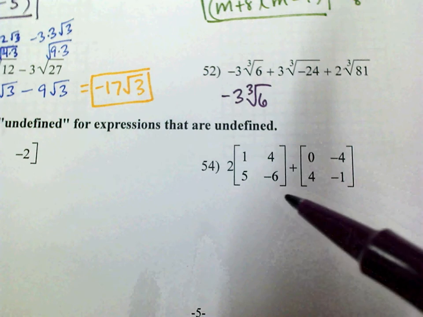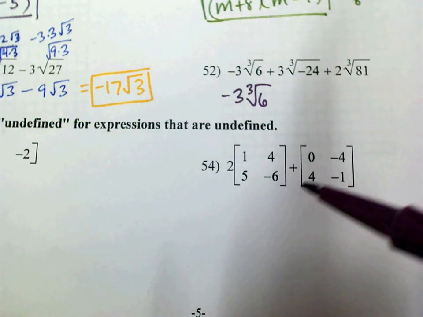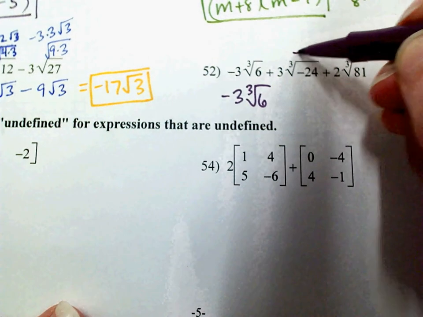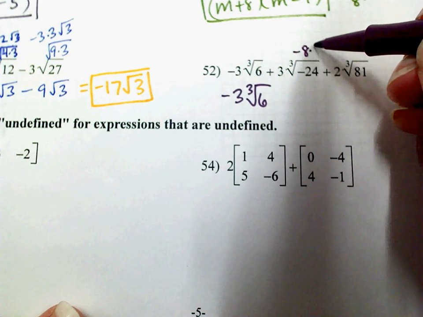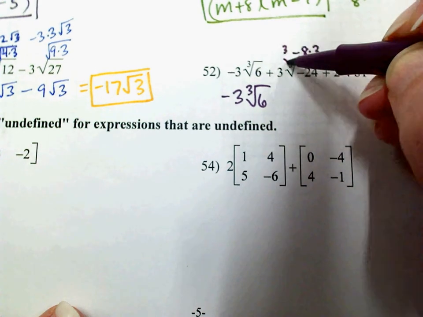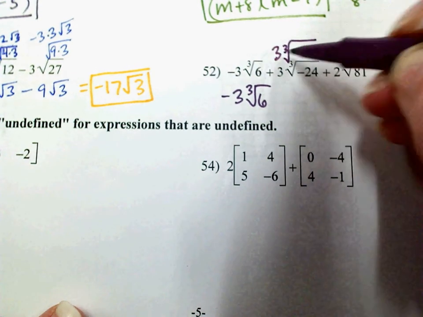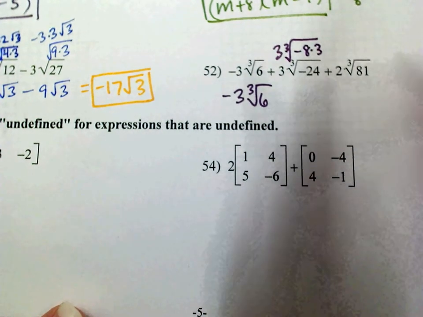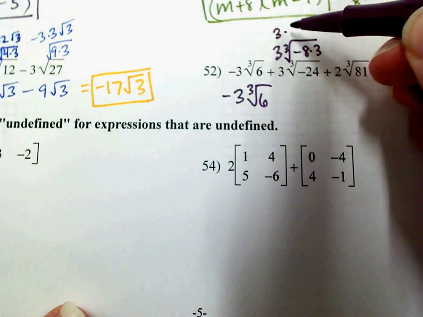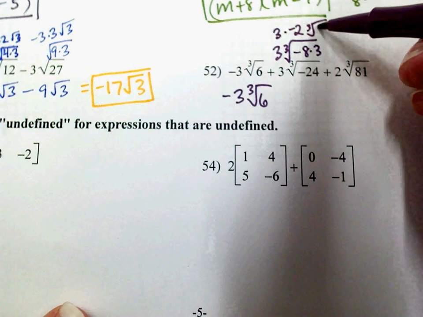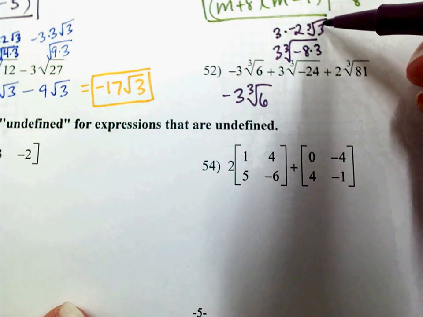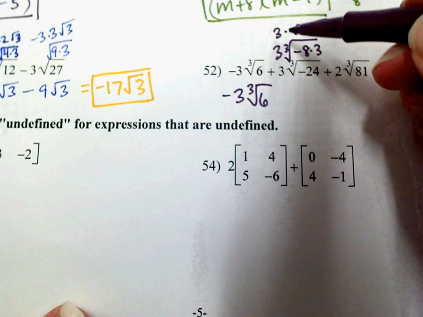Yeah, it's not a perfect cube itself, but 8 does go into it. So negative 8 times 3. So what is the cubed root of negative 8? Negative 2. So the cubed root of negative 8 is negative 2. I'm left with a 3 on the inside, and I have a 3 already on the outside, which makes it minus 6 cubed roots of 3.